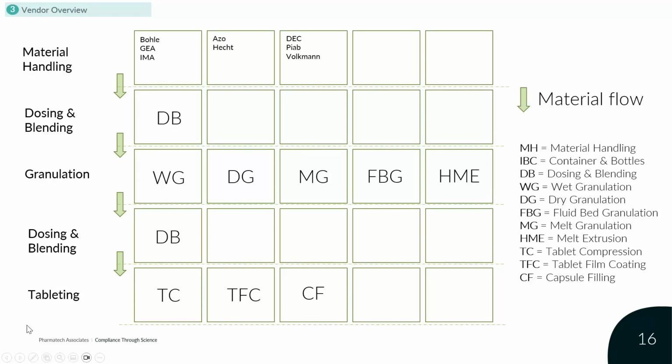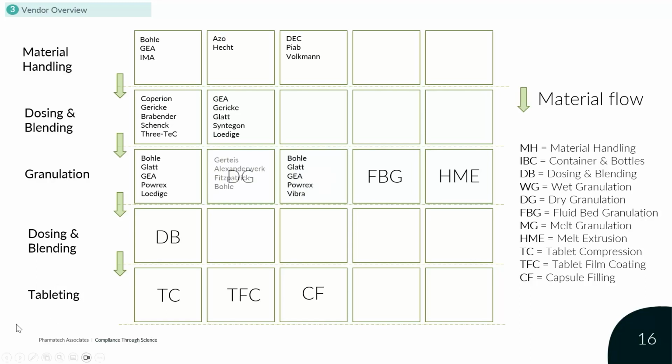And these are typical companies we can see on this journey. Again, I want to say this is not an exhaustive list of companies, but all companies which we have seen in this field with installations and having offers out there who are really focusing on continuous manufacturing very much.